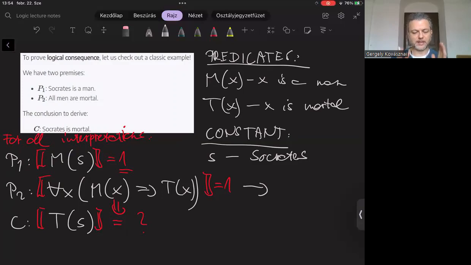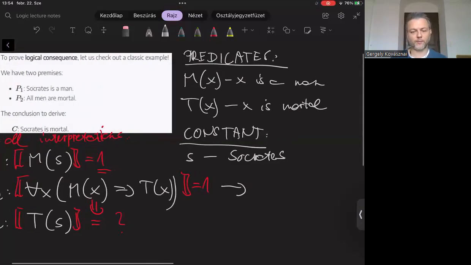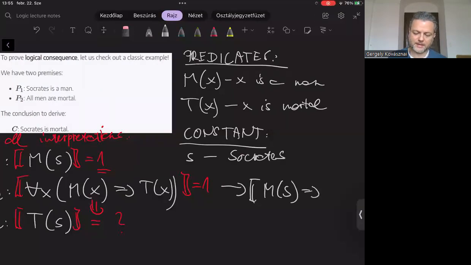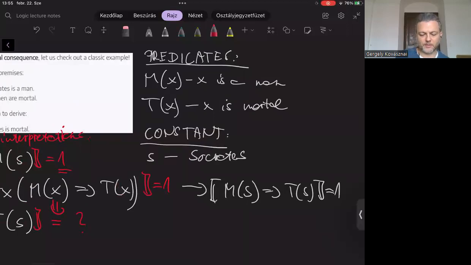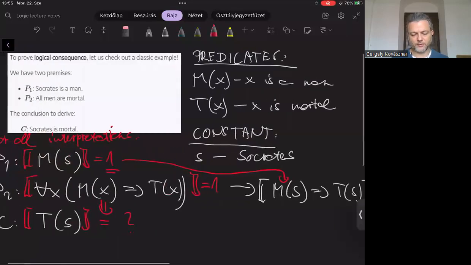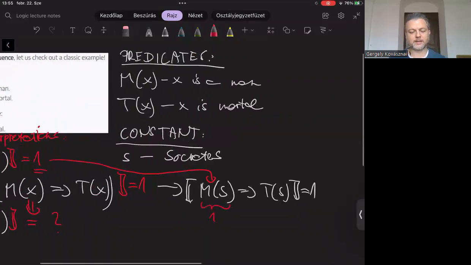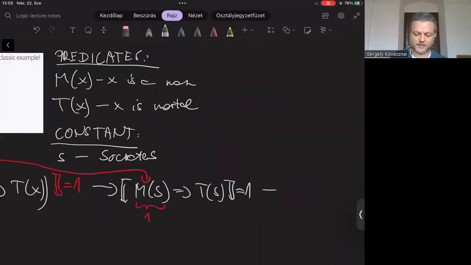If this implication holds for any value for X, then it must hold also for the constant S. Long story short, M of S implies T of S must be true. And since we know that M of S is true, then this must imply that T of S must be true. There is no other choice.